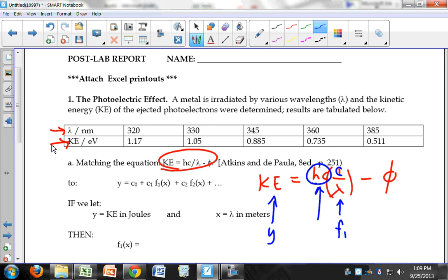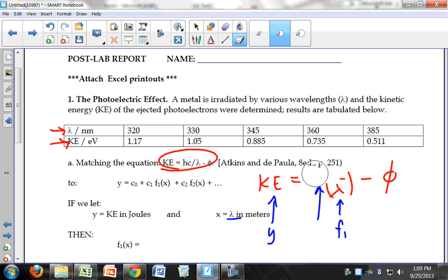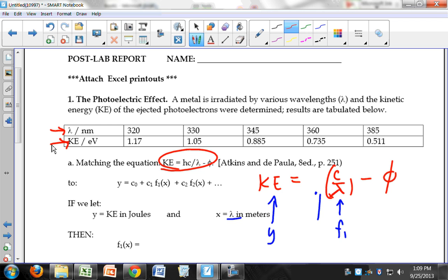I think I did tell you to use lambda as x. All right, we're going to use F1 as c over lambda, right? Make things easier because we want to use this to determine h. So we're going to use c over lambda as our F1, and h is going to be our unknown coefficient, C1. We're going to pretend we don't know Planck's constant.